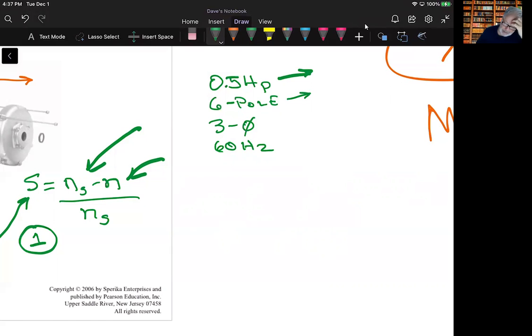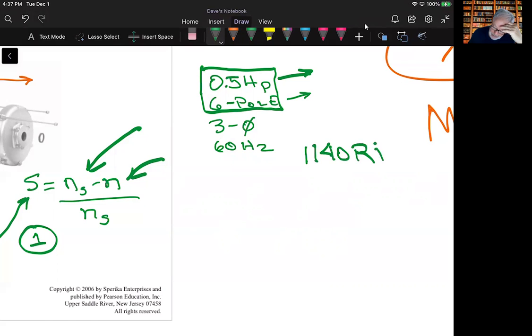Whenever you're given this kind of information, we call that nameplate information. That half horsepower is the power available to the shaft to do useful work. If the full load speed is 1140 RPM, calculate the slip.